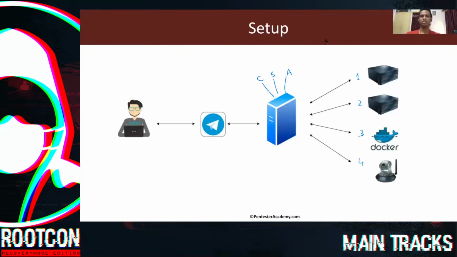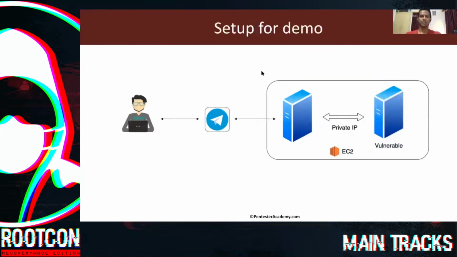So instead, what we are going to do here is use a different setup. For this demo, I've created a VPC on AWS and spawned two machines inside that VPC. One is connected to the internet, the other is not connected to the internet and can only be accessed via private IP address. And the second machine is the vulnerable machine.